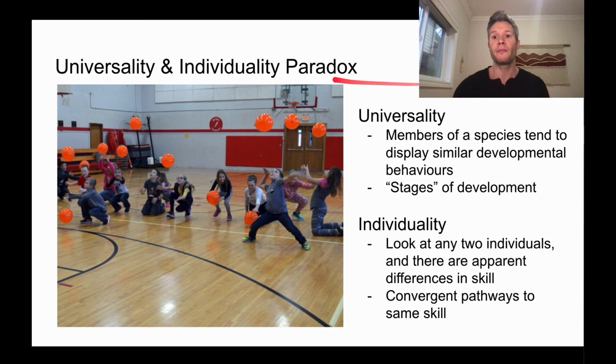This is where the paradox lies, where the conflict lies between the two. When we're looking at motor development, we really are speaking typically about the universality of how movement develops across the whole species. Conversely, we acknowledge that individuals have differences. In Newell's model, there's an individual constraint that causes movement to differ between people inherently.